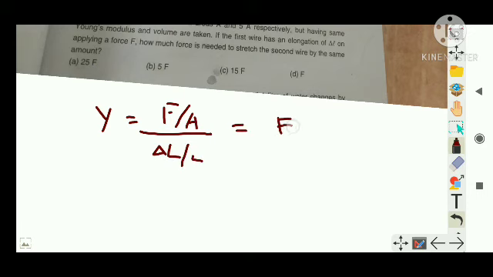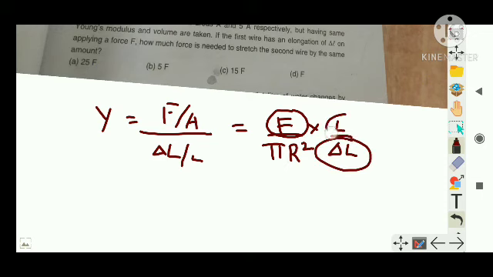So I can write force by area as pi r squared, into L by delta L, right? From this, you are told in this question that F is constant and they extend by the same length. Initially their length was the same and pi is constant, so I can say Young's modulus is inversely proportional to radius squared, right?